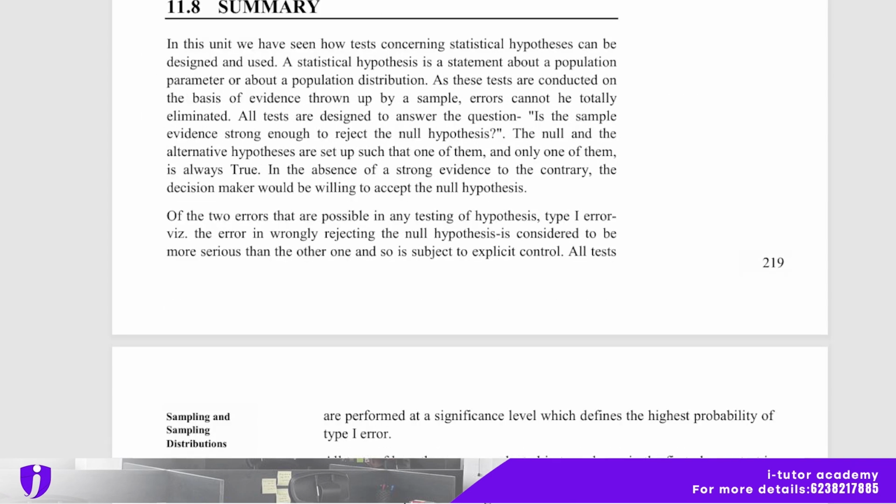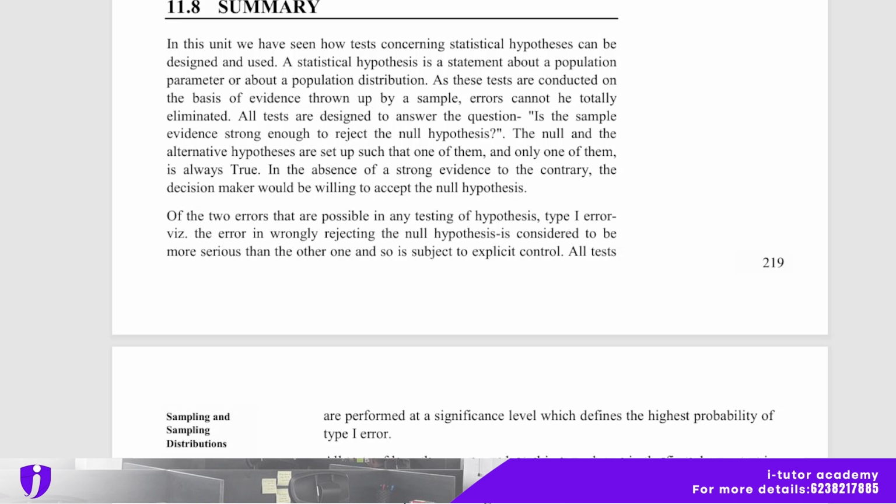In this unit we have seen how tests concerning statistical hypotheses can be designed and used. A statistical hypothesis is a statement about a population parameter or about a population distribution. As these tests are conducted on the basis of evidence thrown up by a sample, errors cannot be totally eliminated. All tests are designed to answer the question: is the sample evidence strong enough to reject the null hypothesis?